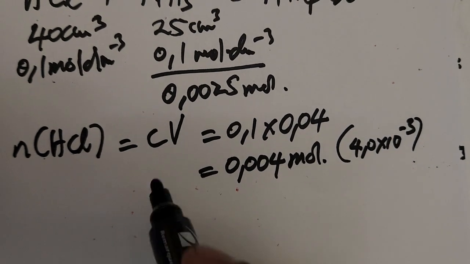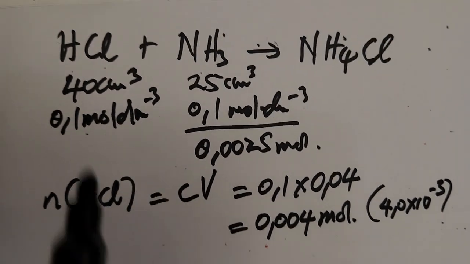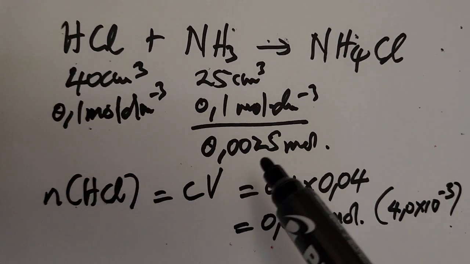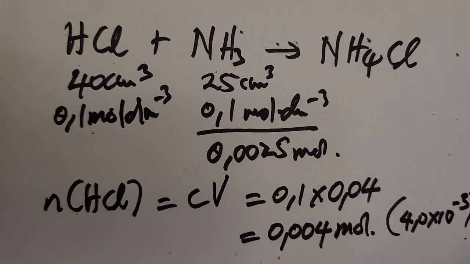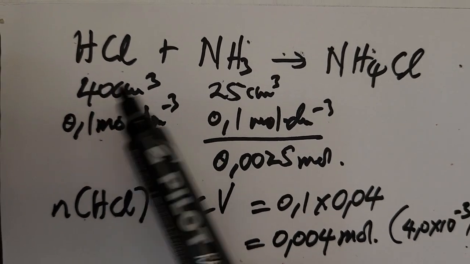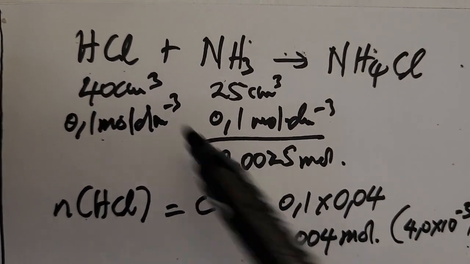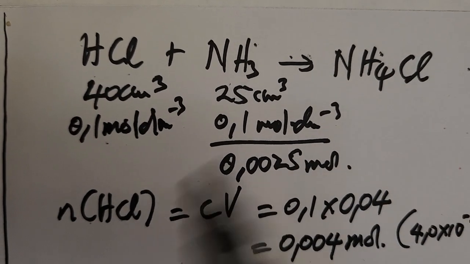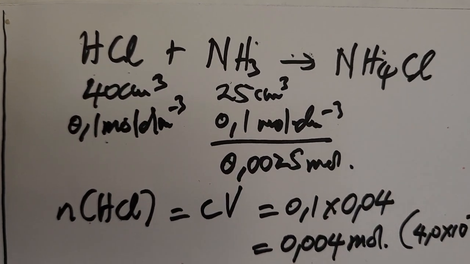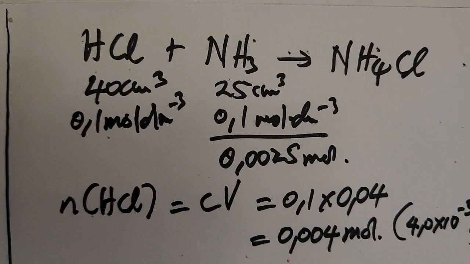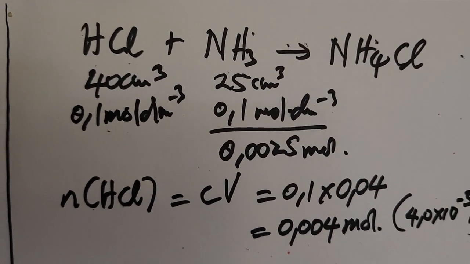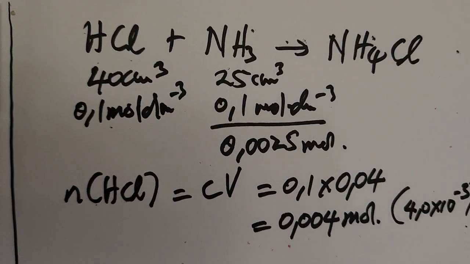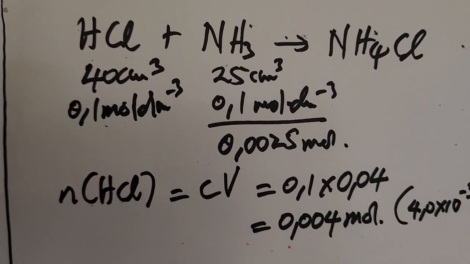No problem. What you need to do, remember this one's are in the ratio 1:1, therefore it's easy. If they're in the ratio 1:1, the smaller one is limiting. But if it was not ratio of 1:1, remember, you need to divide these moles by the ratios, the coefficient of those, so that you get them to the ratio of 1:1 before you can know that the small one is limiting.